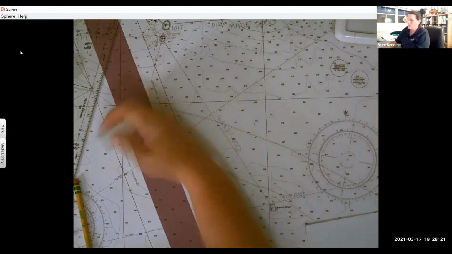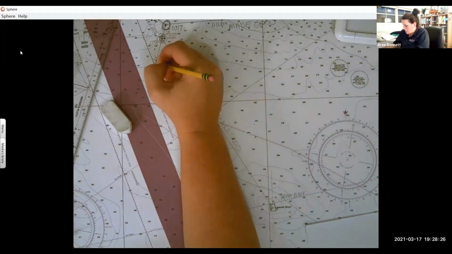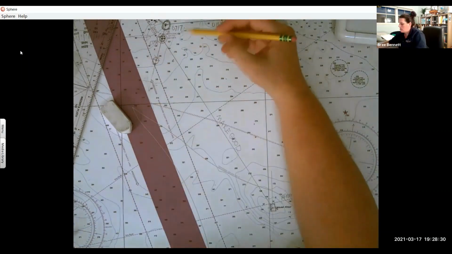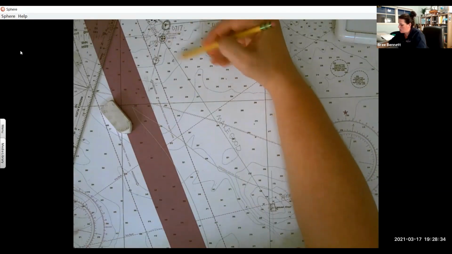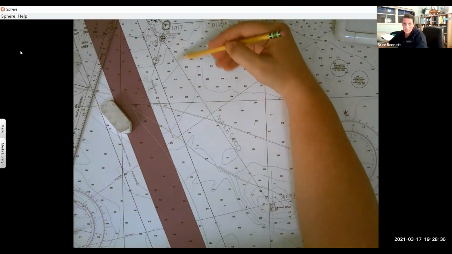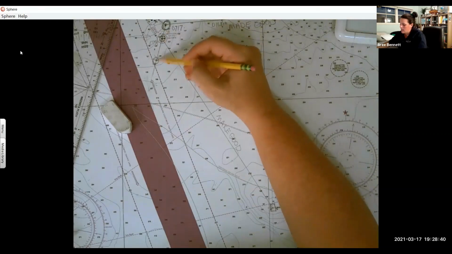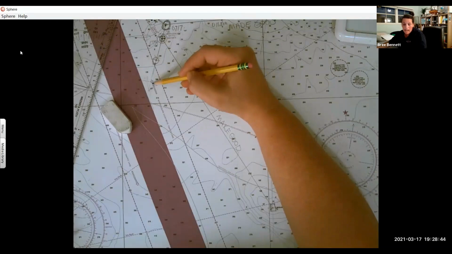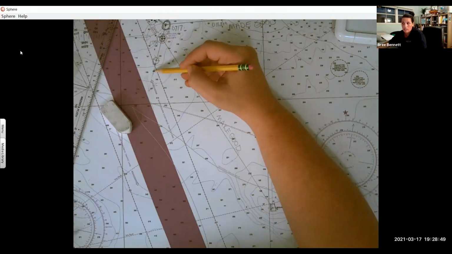Make this a little bigger. So I have an end of the line here. So I have my triangle starting to form. I have my start point, my made good, but I don't know what my speed made good is going to be. And my set and drift line. I know my set and drift is pushing me towards 195 at 1.3 knots.